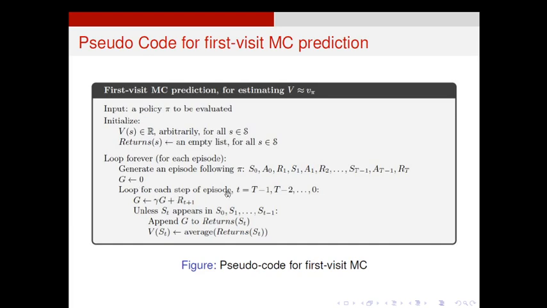Then loop for each step in the episode. This is my episode. I start with the end state as in the case of MDP, so t equals T-1, T-2, etc., down to 0. Then return G equals gamma times G plus R(t+1), where gamma is the discount factor. R(t+1) is the immediate return or reward.